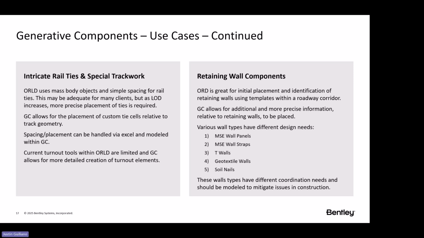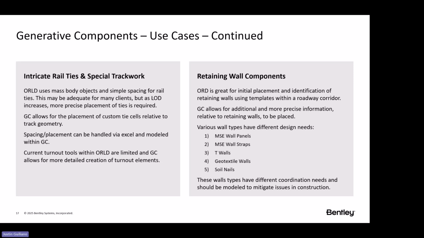Retaining wall components is another popular one. So thinking about retaining walls in OpenRoads, basically you're just getting a component object, like a 3D mesh that is generated from your template. So that isn't going to give you the panels or individual straps or things like that.